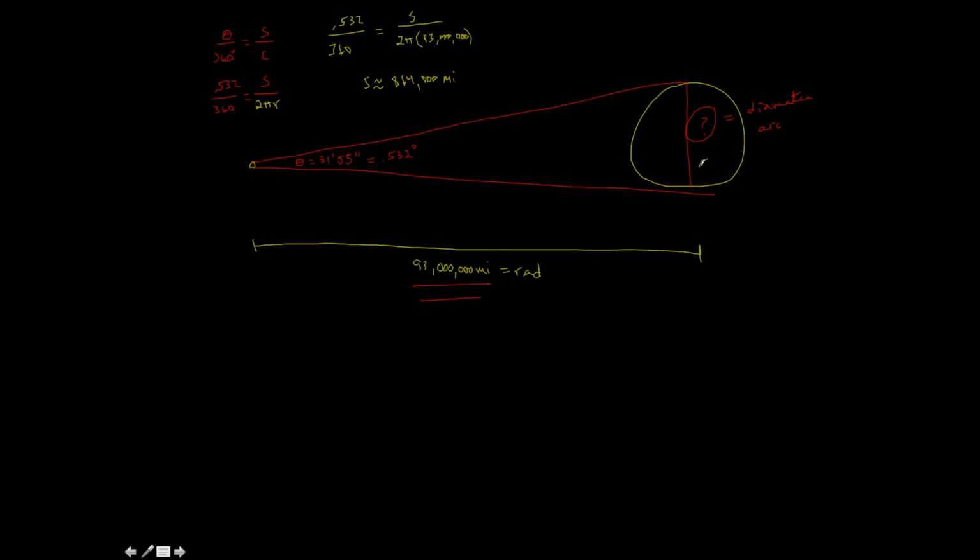So this right here would be technically called an intercepted arc. It's the arc opposite the central angle. And the chord is a straight line joining two endpoints. So this right here would be our chord. This diameter would be our chord, the straight line joining two endpoints. Okay?